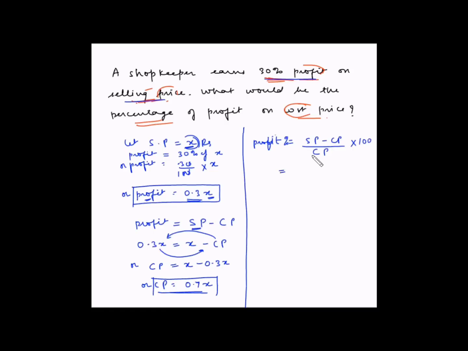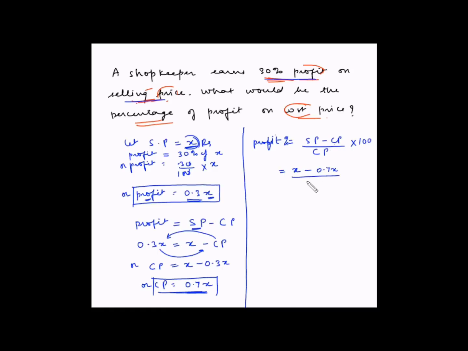So let's express this in terms of X, because we don't know the absolute values. However, if there is an X on top and X at the bottom, that is numerator and denominator, then those can get cancelled and we can eventually get a percentage form. So selling price we considered as X minus cost price we found is 0.7x.